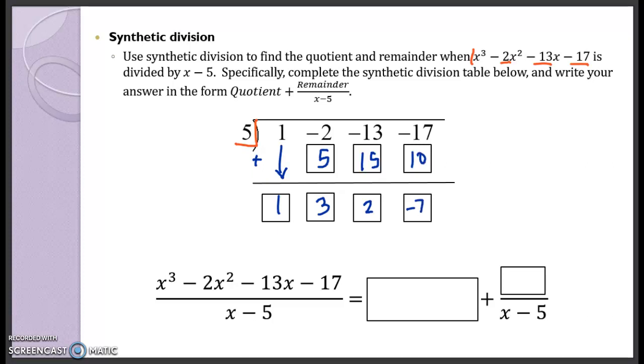So our quotient, what does that end up being? Well, the quotient is those numbers that we had below, and these are the coefficients of our quotient. But remember, that last box is your remainder.